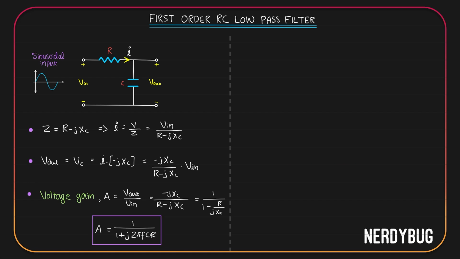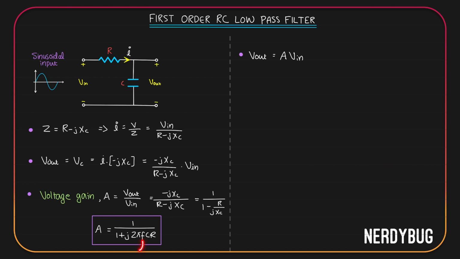Again, we can write A is V output divided by V input. So V output is actually A multiplied by V input. And A is complex. It has a J term. That means when we multiply the input signal with A, its amplitude will change, its phase will also change. And what does the change depend on? It depends on the gain A. And what does the gain depend on?